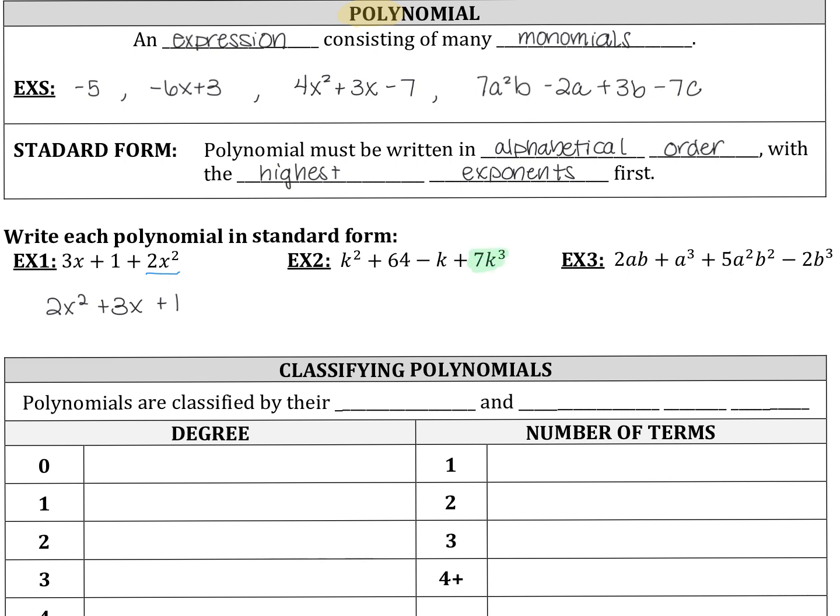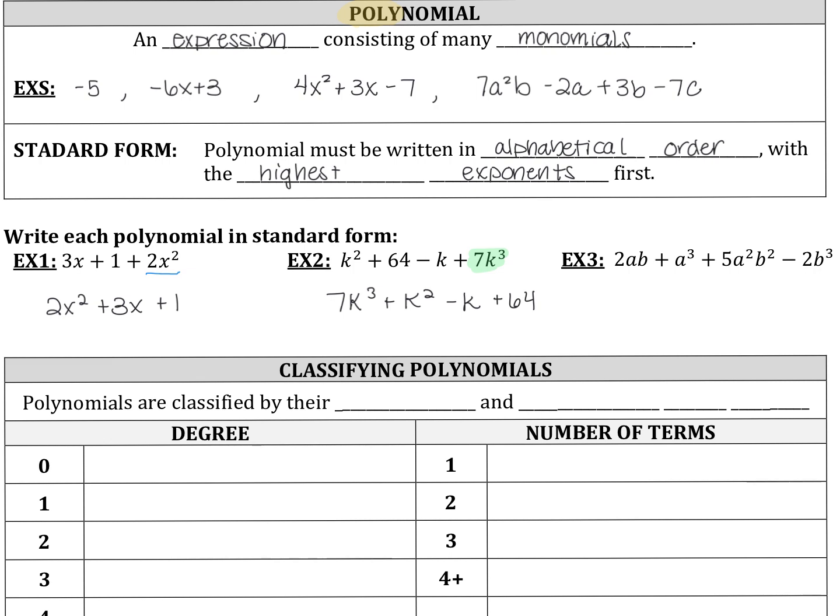So if I list that first, we've got 7k cubed. My next highest exponent would be this positive k squared, and my next would be this minus k. And finally, I put the plus 64 at the very end. It's a constant, so our constants are going to be at the end.